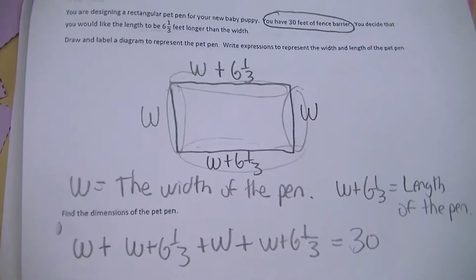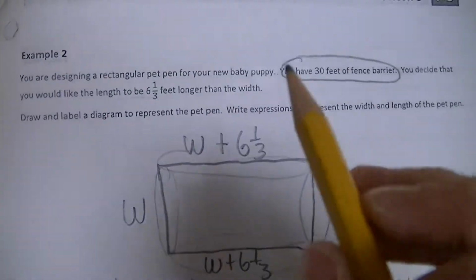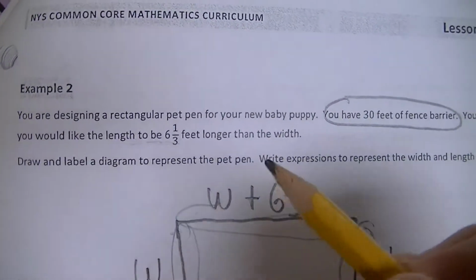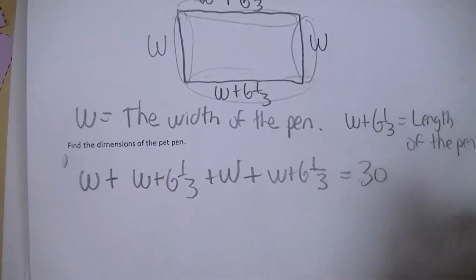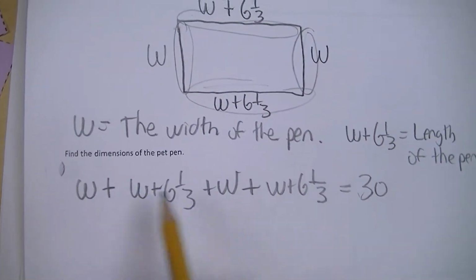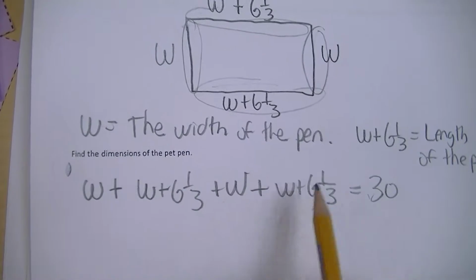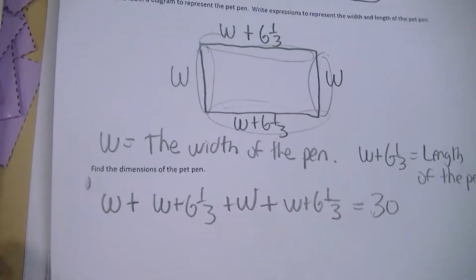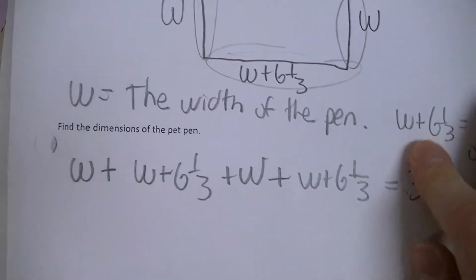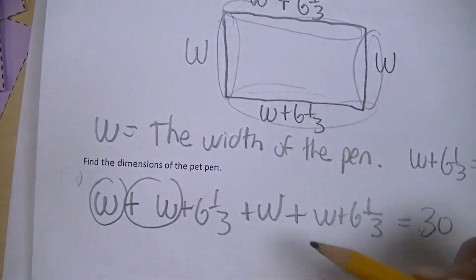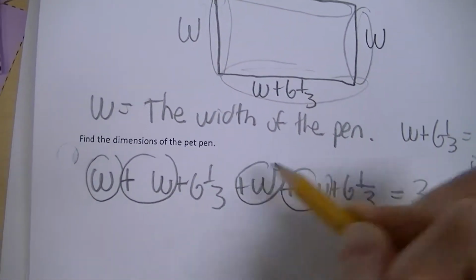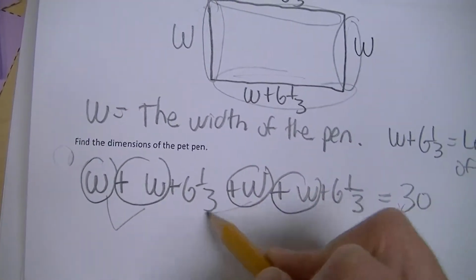And let's go ahead and just double check and make sure everything's in units of feet. So feet, feet, all right, so I should have done that first actually. So everything's in the units of feet. Now I've created this equation, and now the next step is to combine like terms. You know, you got to simplify it on the same side of the equal sign. So W plus W plus W plus W, that's 4 W's.